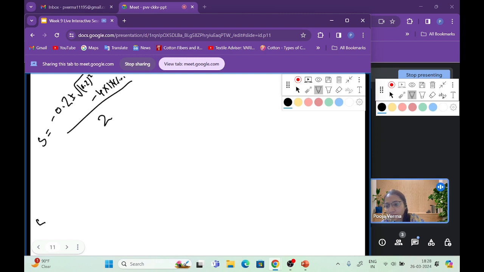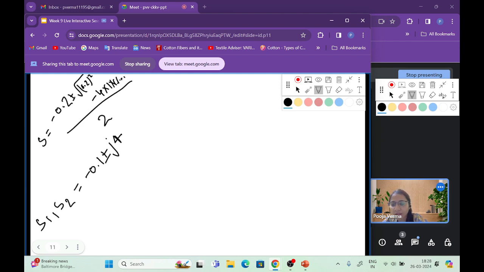If you solve that, you will get s1 and s2. After solving, you will get minus 0.1 plus or minus j4. Here we get both the poles: s1 is minus 0.1 plus j4 and s2 is minus 0.1 minus j4.